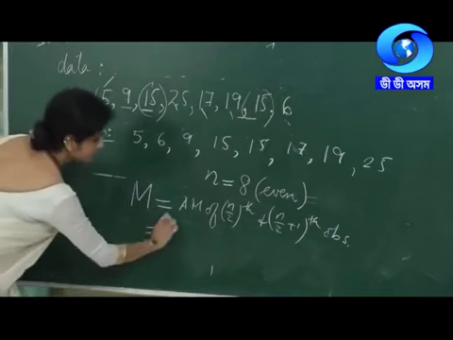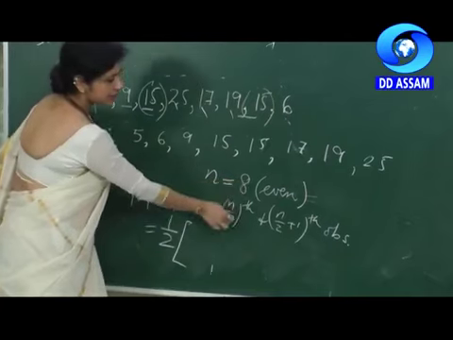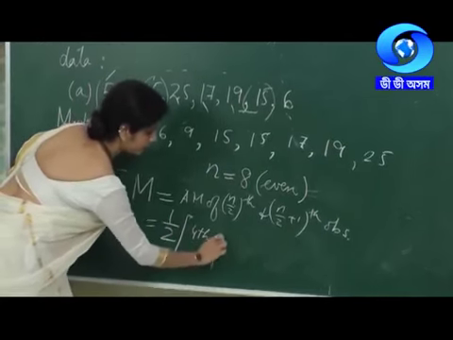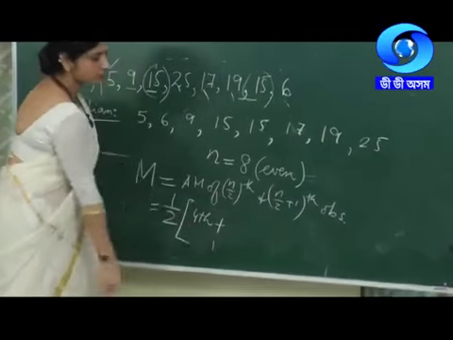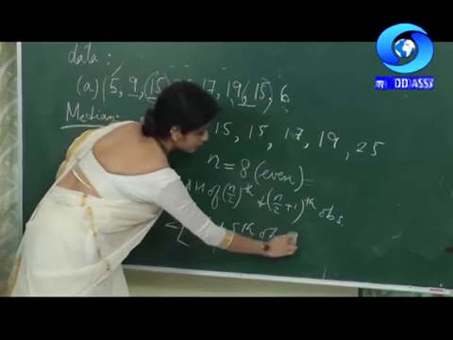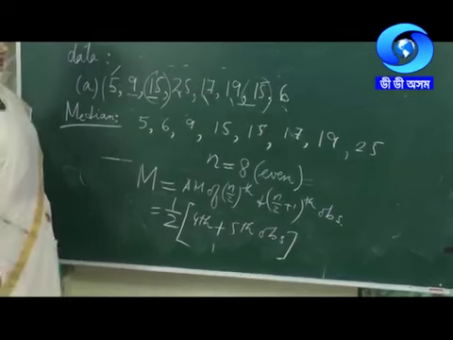Here n is 8, 8 by 2 is 4th, and n by 2 plus 1 is 5th. The arithmetic mean of the 4th and 5th observations will give us the value for median.